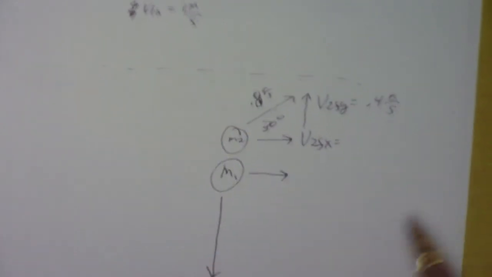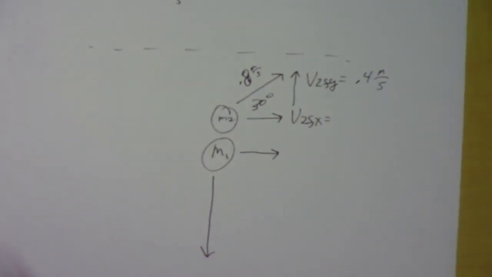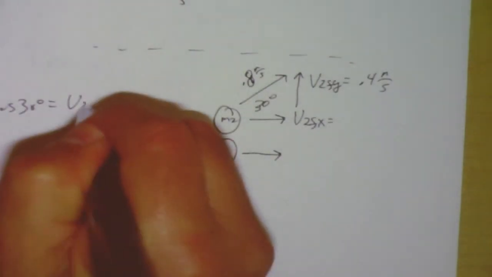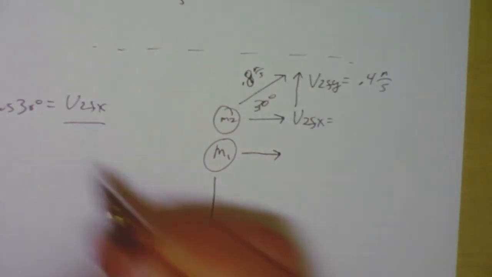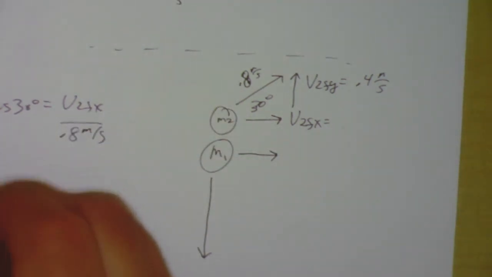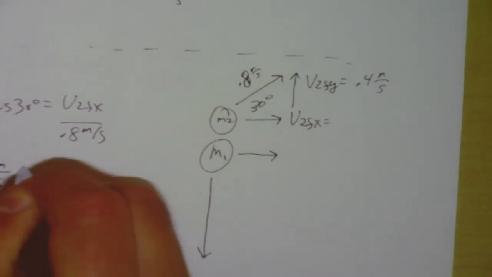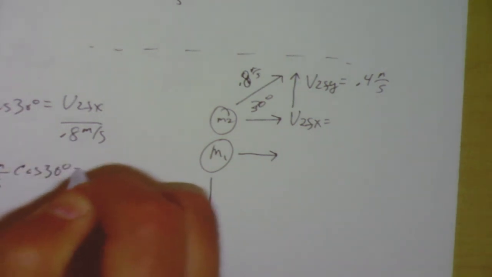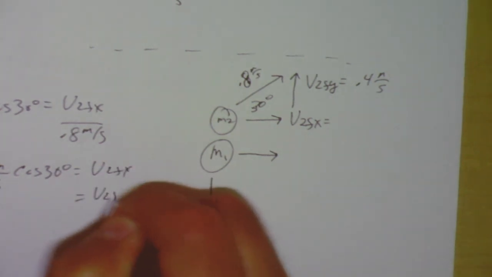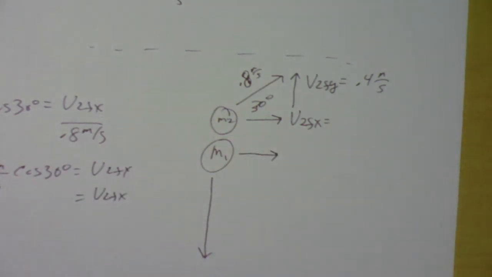To get V2 final in the x, I could say the cosine of 30 is V2 final x divided by 0.8. So whatever that turns out to be, something like about 0.7 something, but we'll see in a minute.